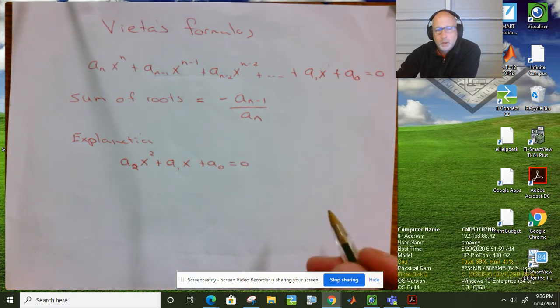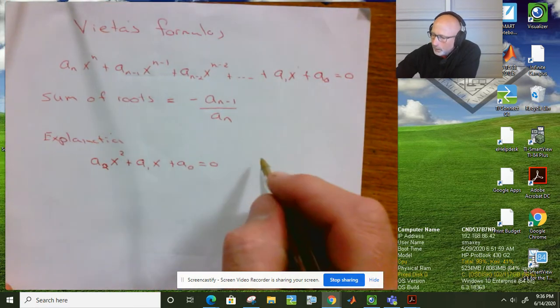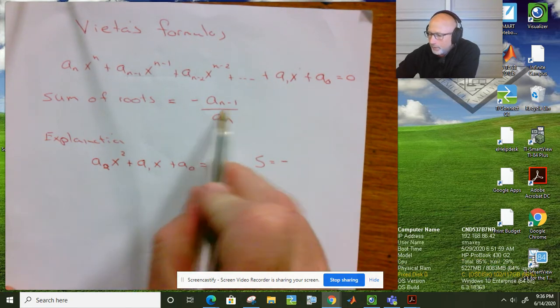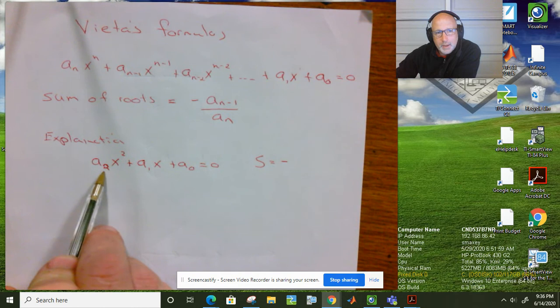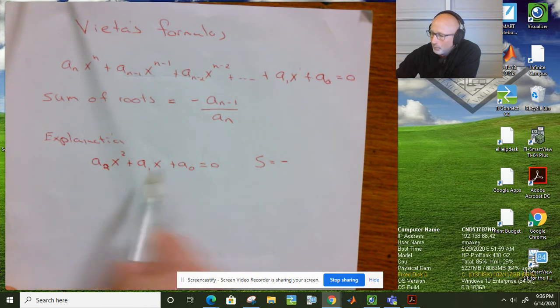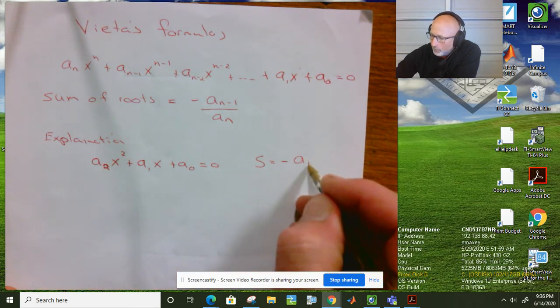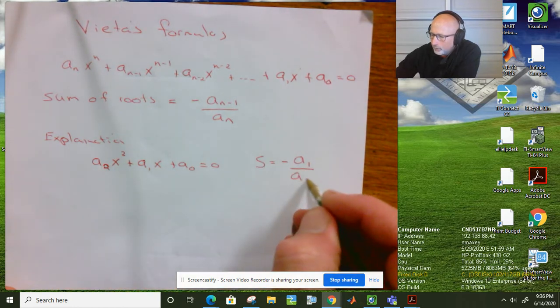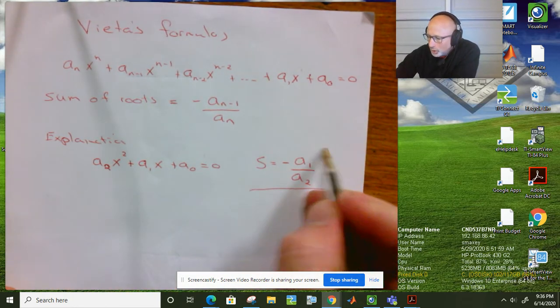According to what we had up here, the sum of the roots should be equal to negative a_(n-1). Well, this is a_n, so a_(n-1) will be a_1. So it should be negative a_1 all over a_n, and a_n in this case is a_2. So that's what I should get.